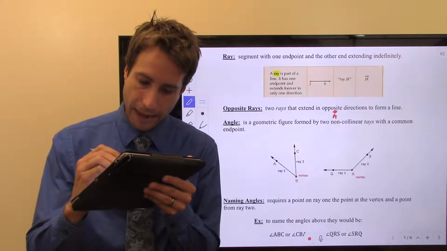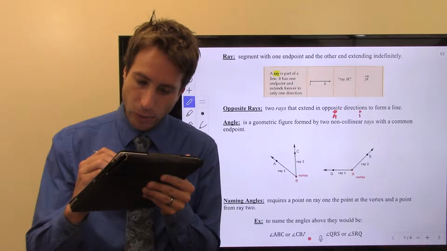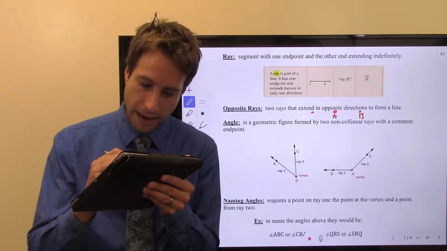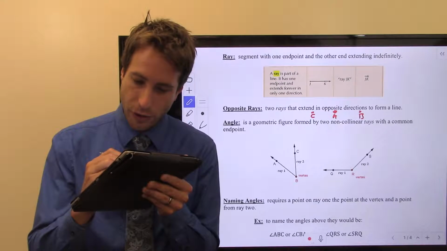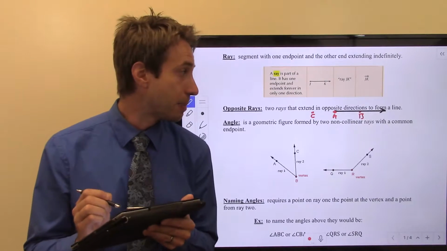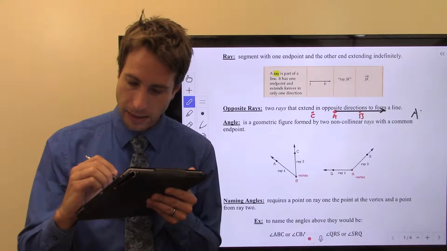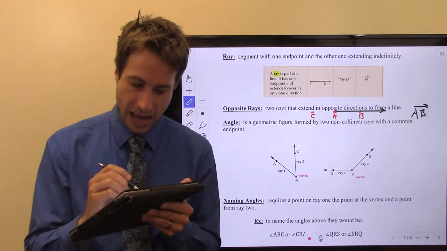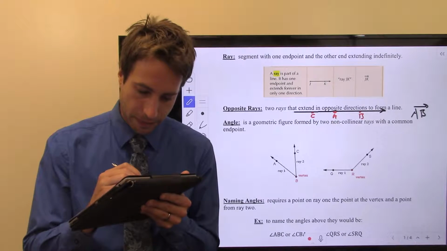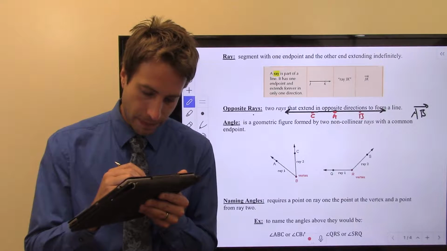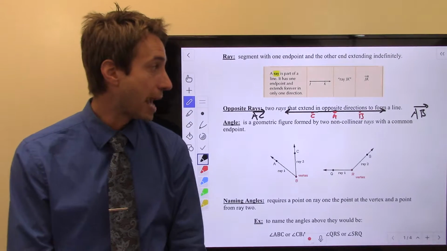This is the point A. And then over here I have the point B. And over here I have the point C. I can have the ray AB. So this would be A, B, and it's a ray. Or I could have the ray AC, A, C, and it's also a ray.